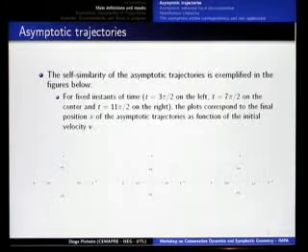Okay, so you cannot see the picture here. So in the picture I was plotting the trajectories. Mainly I was giving you, for fixed instants of time, so t equals 3 pi over 2, the picture on the left should be something like this.